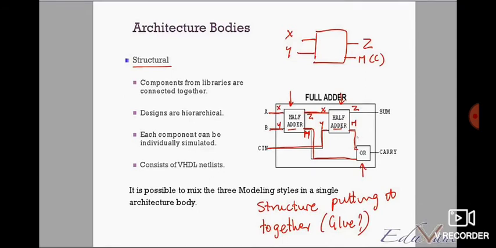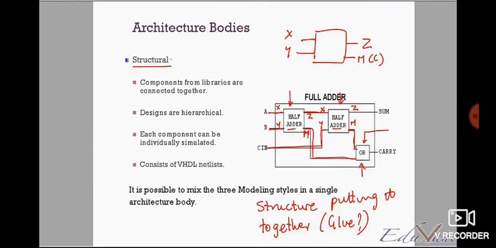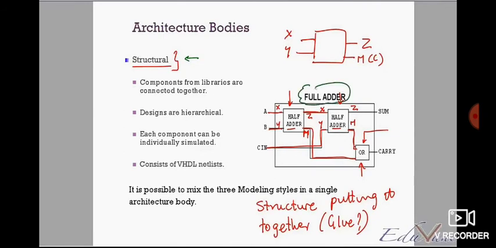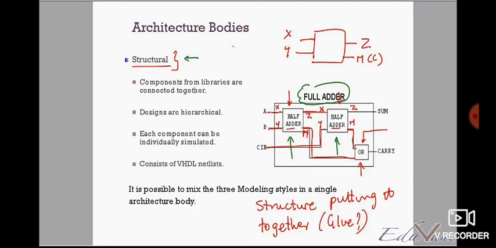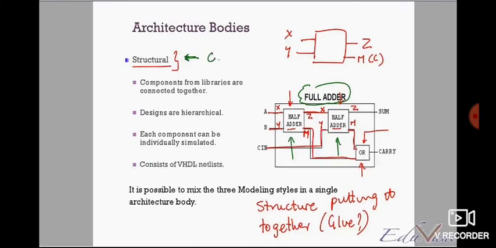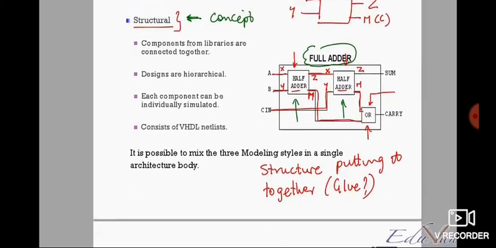Now, I can choose to also make an OR gate and structurally use it here, and then it would be a completely structural style. We will see a detailed example. Actually, we'll see the same example of making a full adder using two half adders, and we'll see a practical lab example. So I hope that the concept of structural was clear, just the concept. We will see a practical example soon.